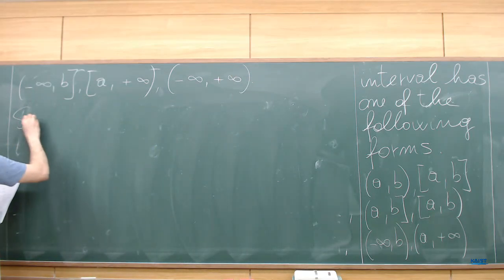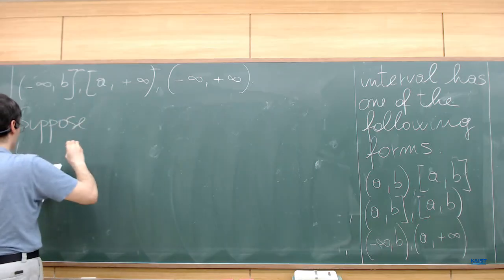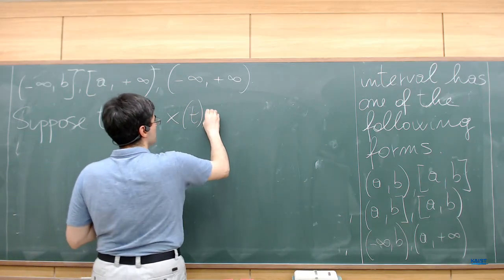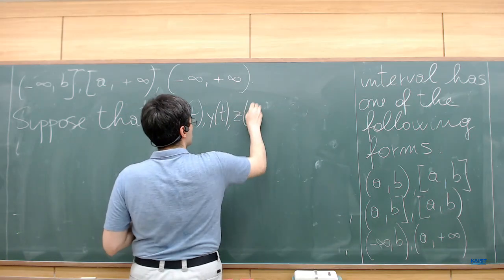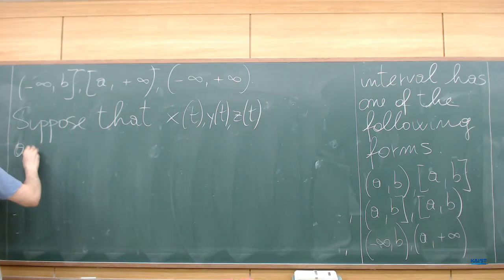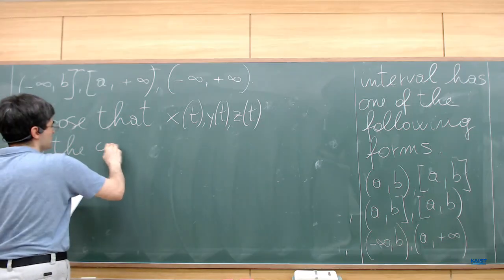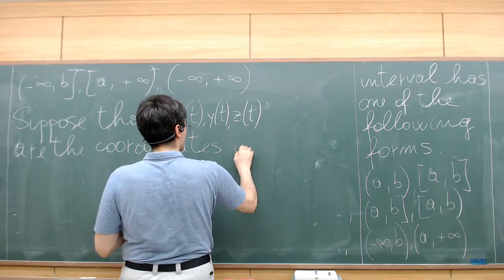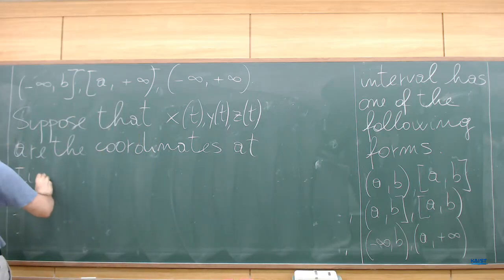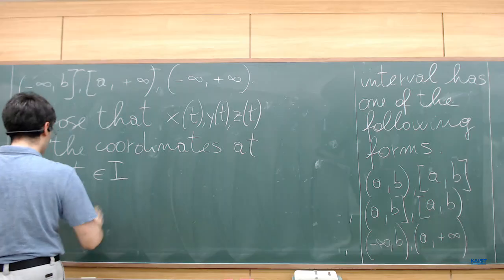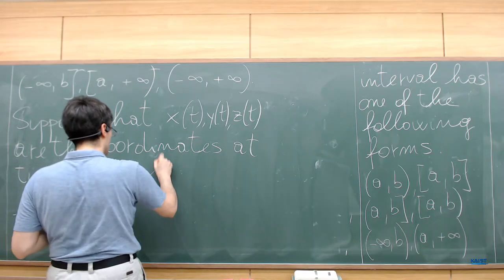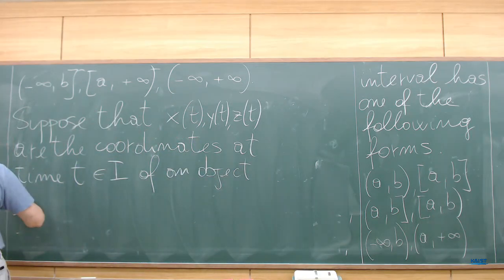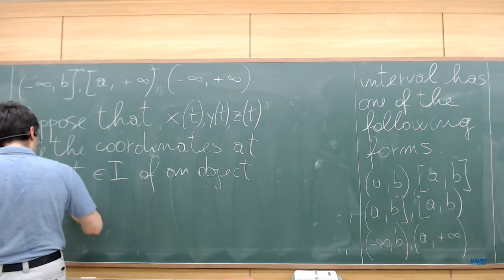Now suppose that the functions x of t, y of t, z of t are the coordinates at time t in I, our interval, of an object moving in R3.